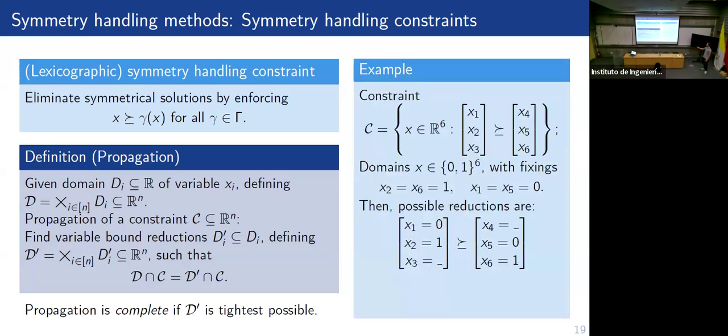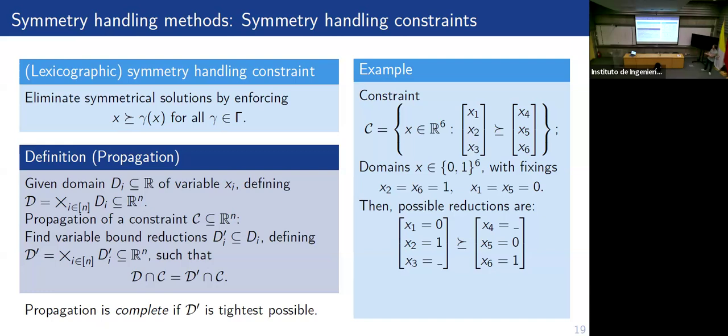We have a vector x1, x2, x3, and we compare it with x4, x5, x6. So we have a binary 6-dimensional solution vector. We have some fixings that are given. We can fill in these fixings in this constraint and check it.